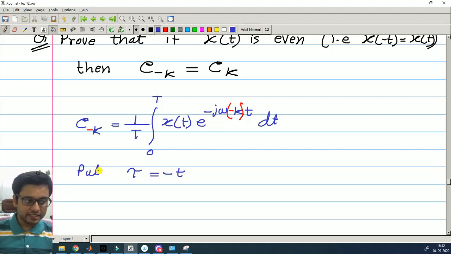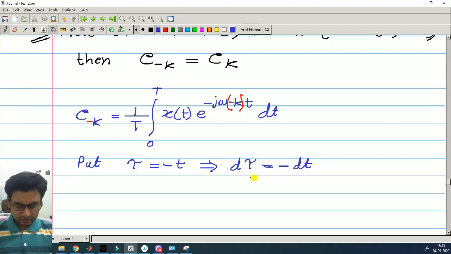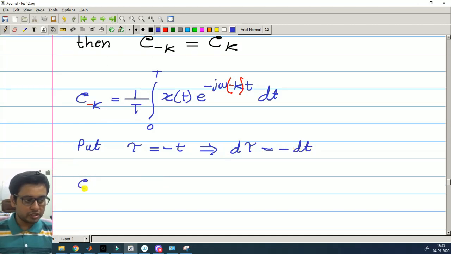So apply this change of variable so that d tau will be equal to minus dt, and therefore c minus k will be equal to 1 over T integration.